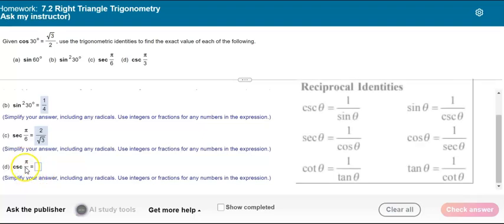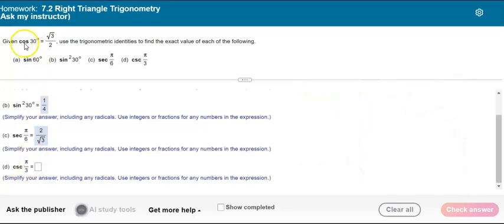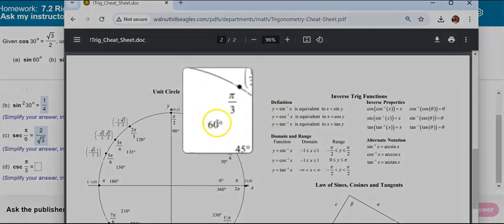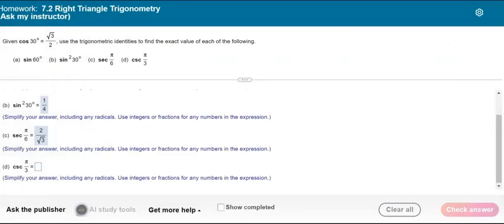All right, now cosecant is the reciprocal of sine. So that's the first thing. This is no longer the reciprocal of cosine anymore. It's the reciprocal of sine. But also 60 degrees is the same thing again as pi over 3 radians. So you can see here on the unit circle there's 60 degrees, pi over 3 radians. So those are equivalent angle measures.